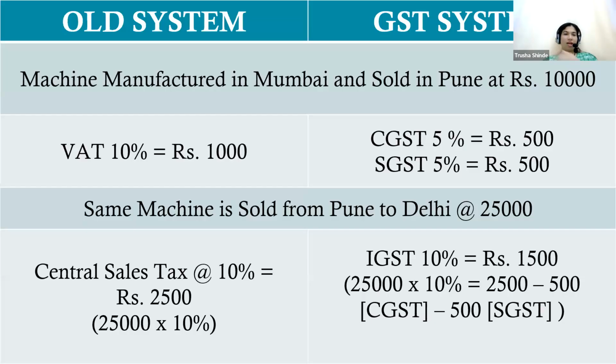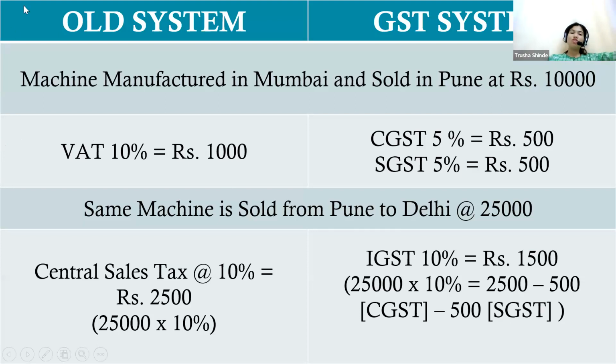Again, taking the example of your old system where ITC comes into the picture. When a machine has been manufactured in Mumbai, and now it is going to be sold at Pune for rupees 1000. In your old system the VAT was there.